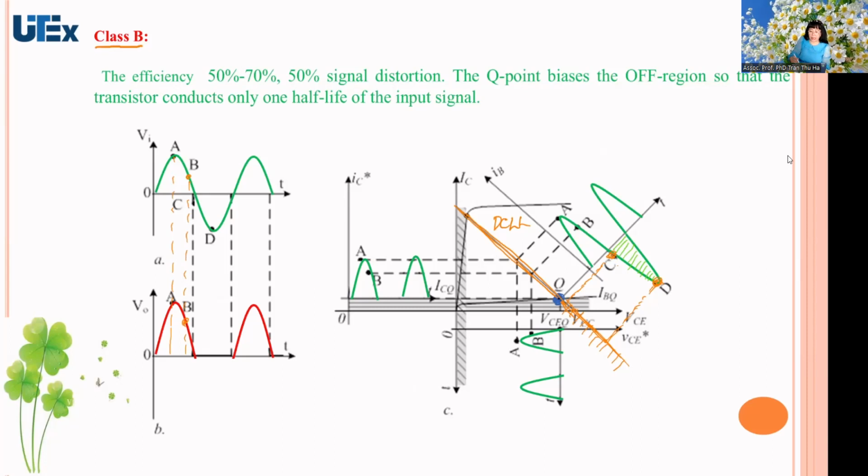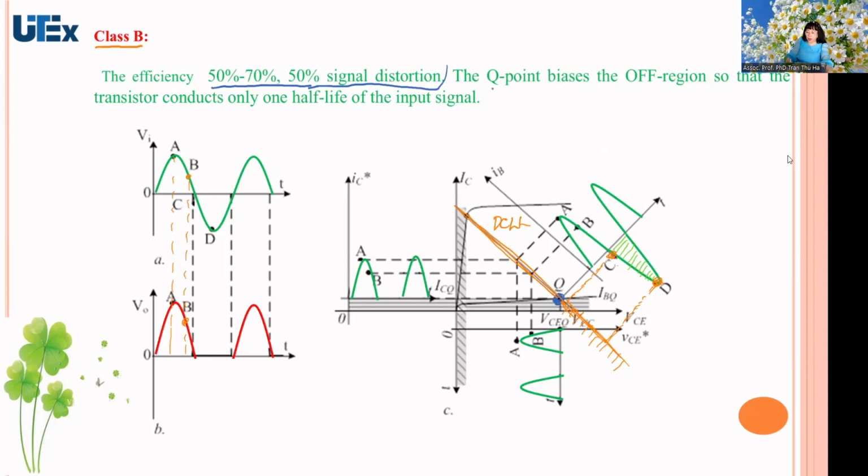In this class B, we have larger efficiency, but 50% signal distortion. You know, this is a halfway, only half we can receive.